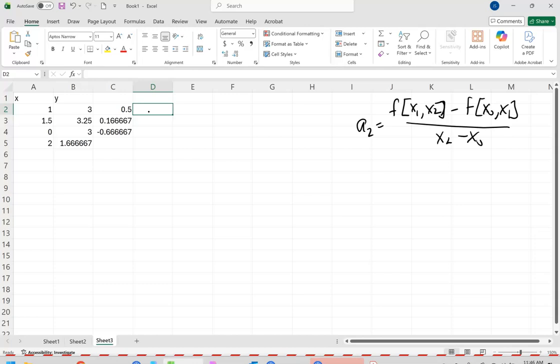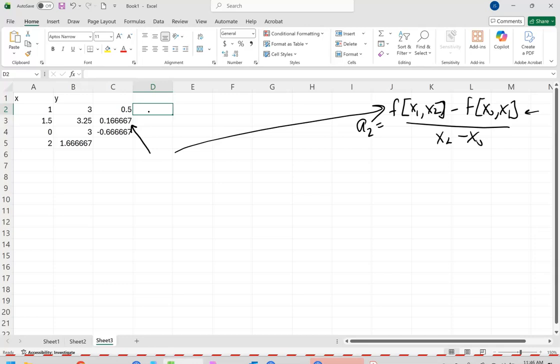That was our next formula. This number is that, right? And then likewise, the one above it is this one.